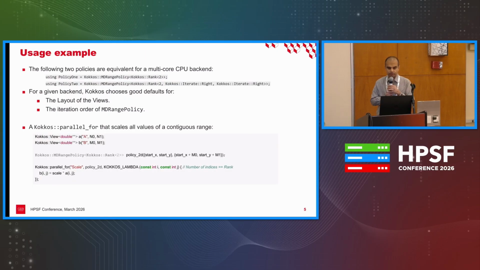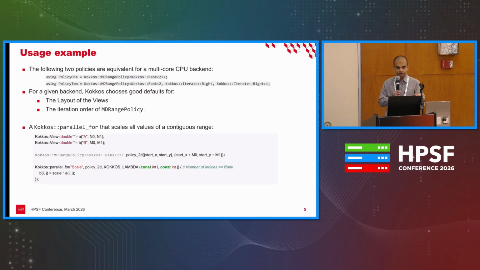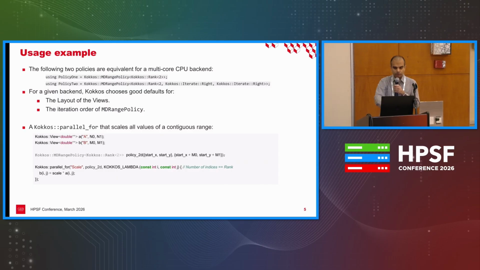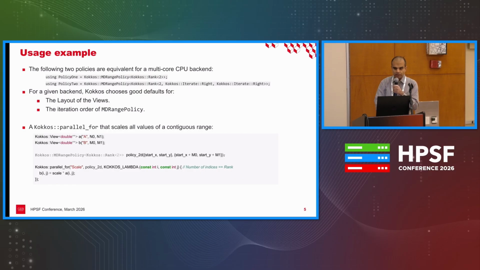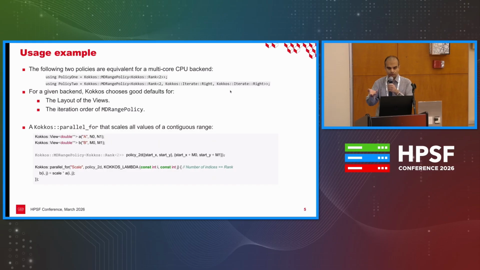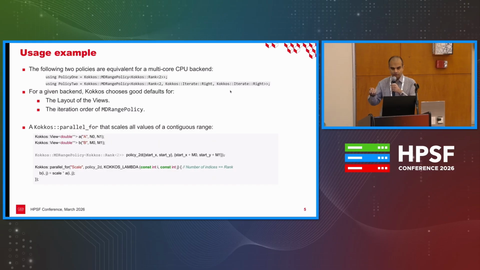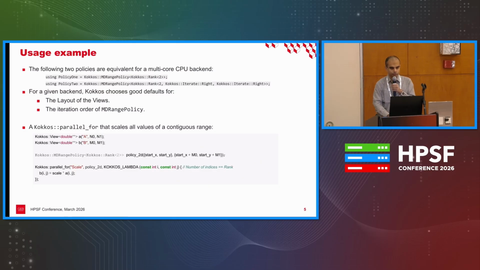We will see how to use MD-range policy with parallel_for, and you can see that up there, you need not specify the iteration order. Kokkos can do it for you in a suitable manner according to the backend. For example, for multi-core CPU, iterate right is a good way to iterate through the iteration space, and Kokkos will do it for you.